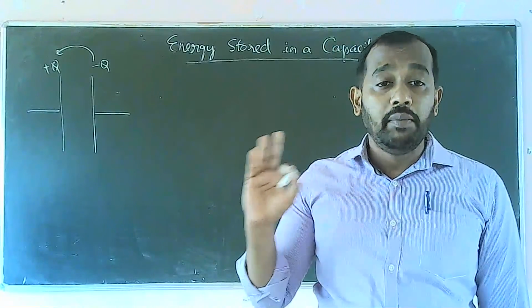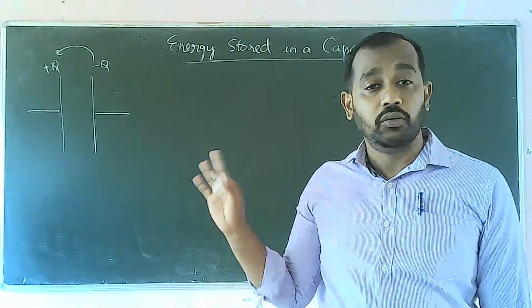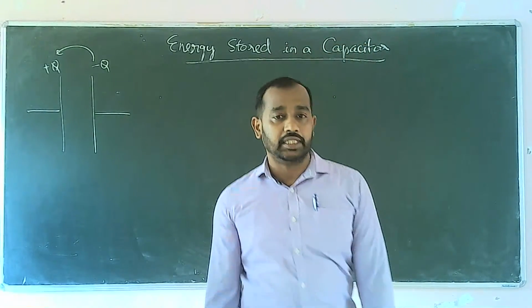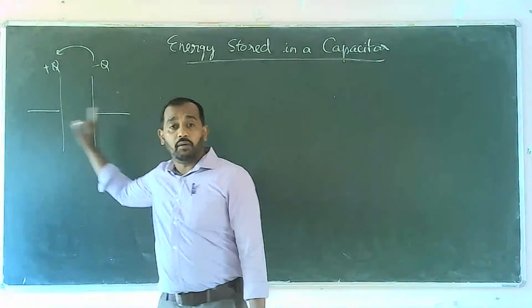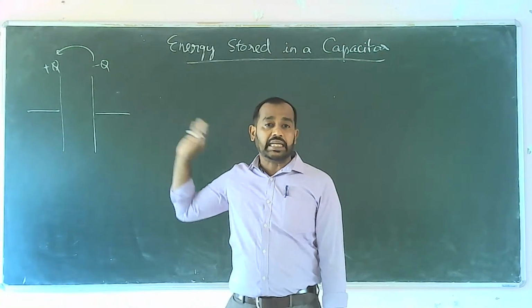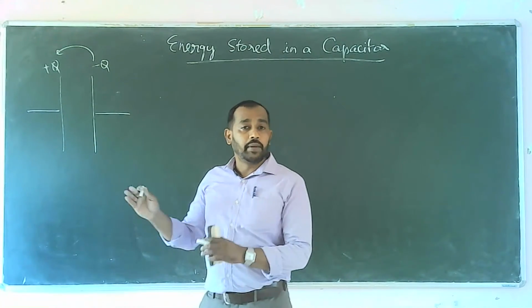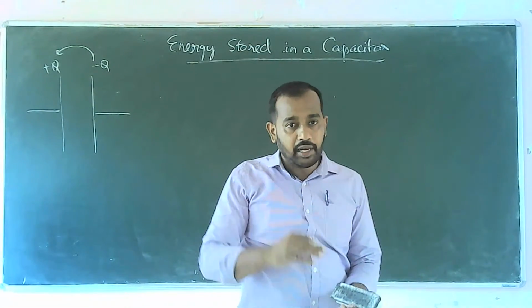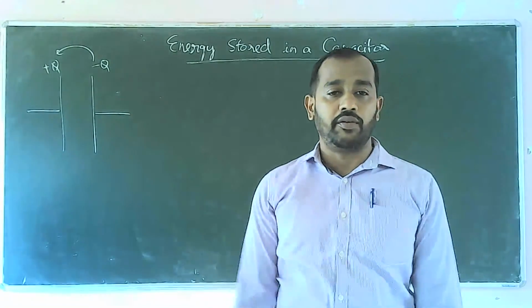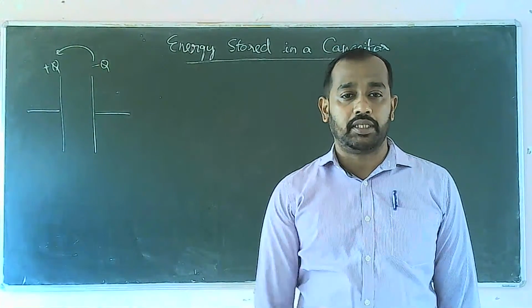But we have to remember that there is no movement of charges directly between the plates of the capacitor, since the two plates are either separated by a dielectric medium or the space is completely evacuated. No direct transfer of the charges.